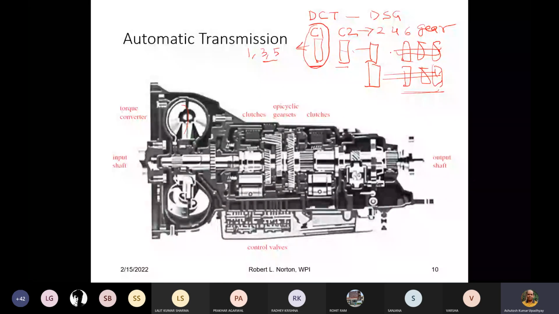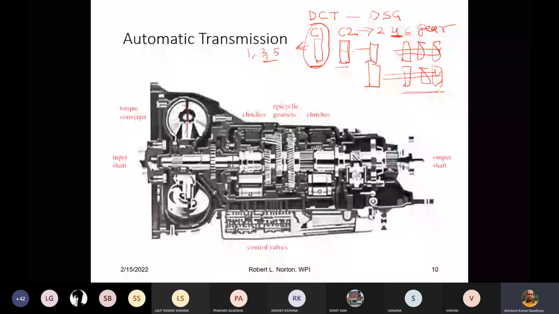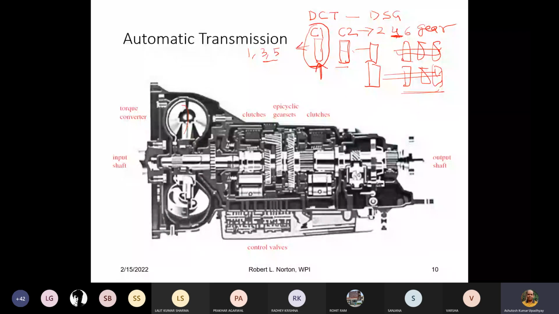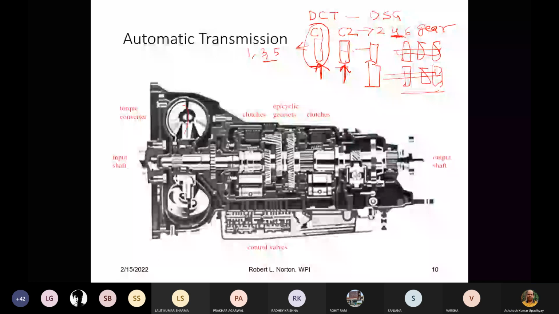Now, when it senses that you are going to increase the speed to 4, C2, which is always connected to 2, 4 and 6, will prepare gear number 4. So the meshing will slowly start at gear number 4. As you keep on increasing, slowly C1 will be disengaged and C2 will be engaged through gear number 4.